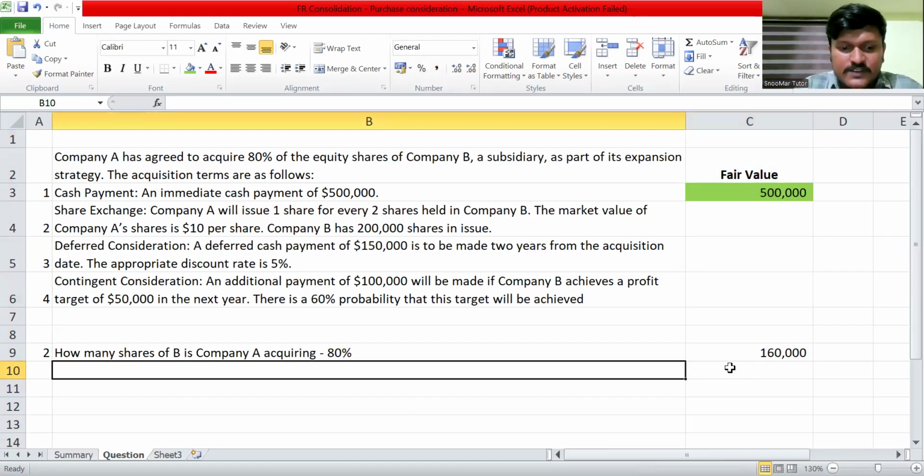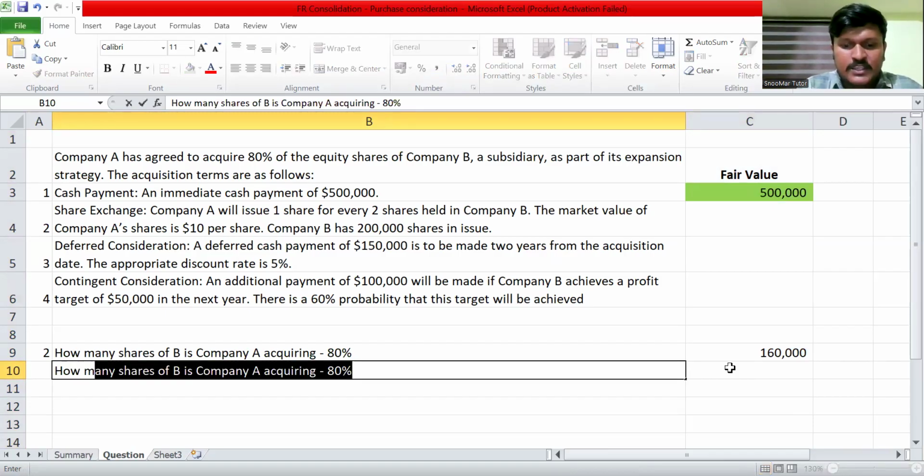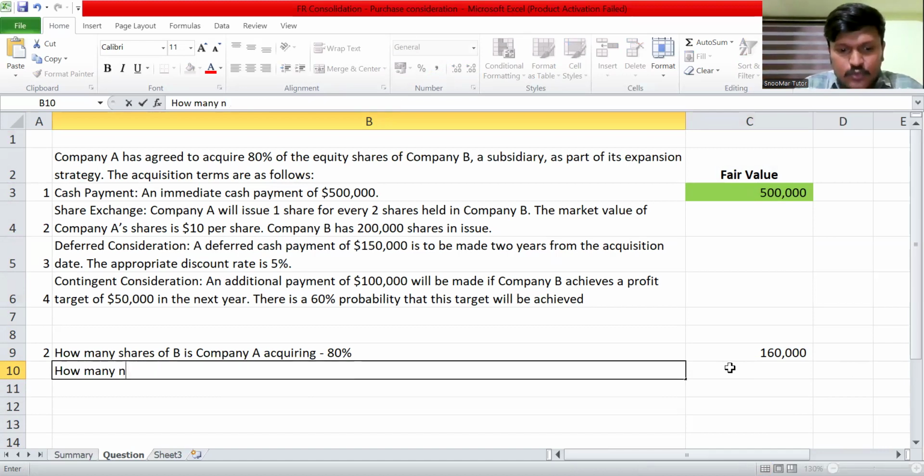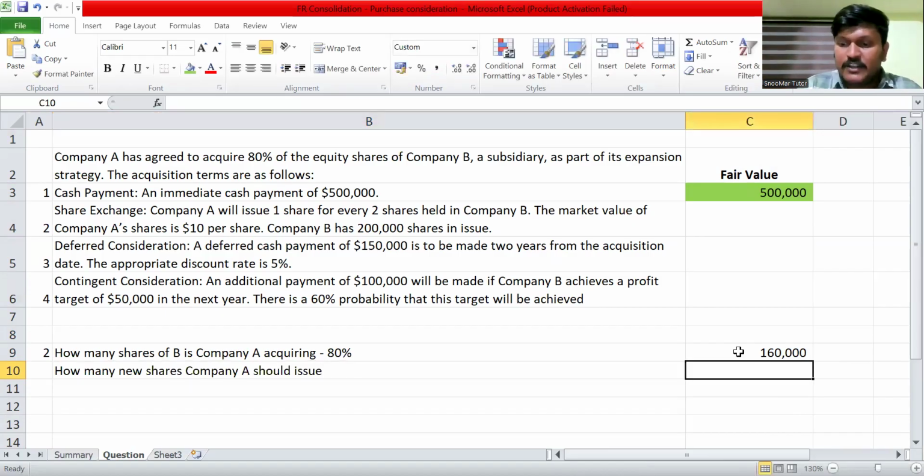Now, for these 160,000 shares, how many new shares should company A issue to acquire this 80%? They have given you the proportion.